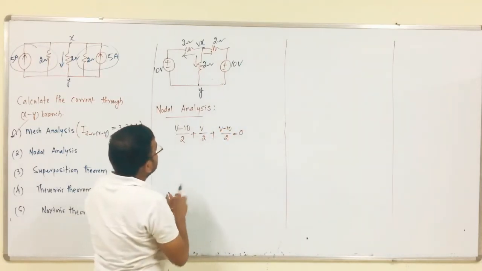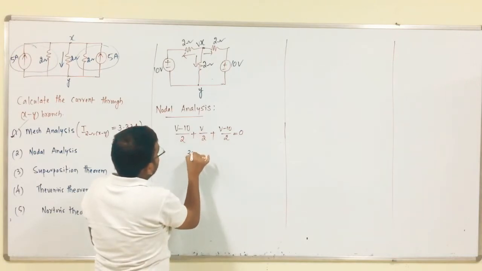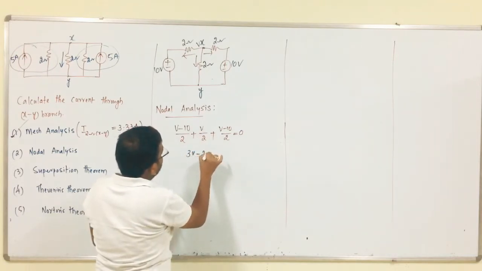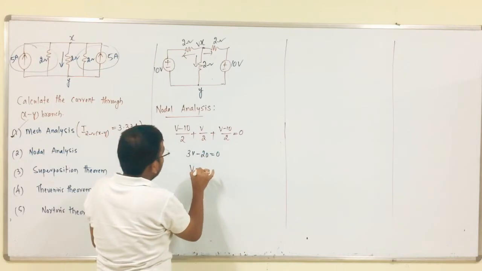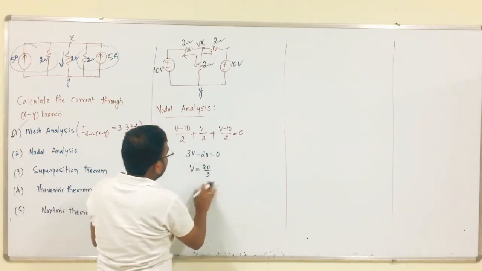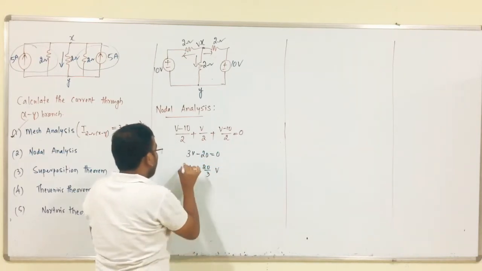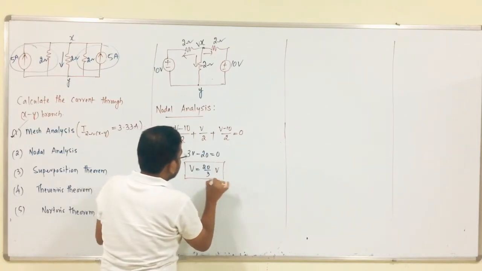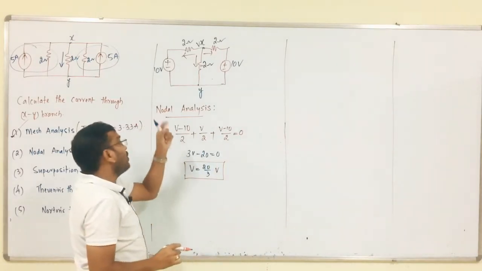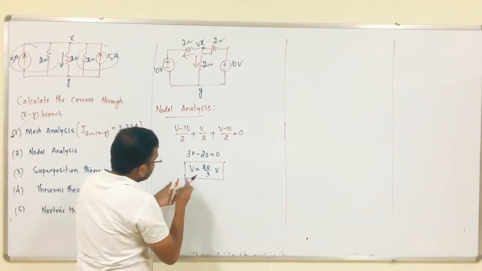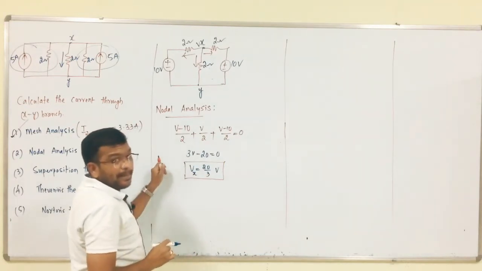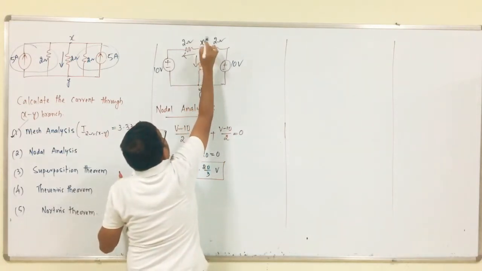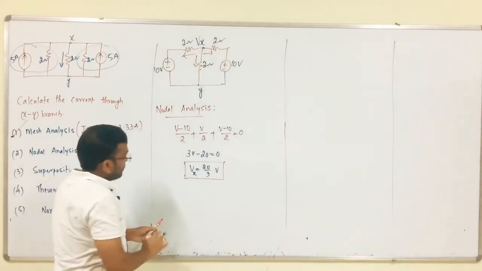So, from this, 3V minus 20 is equal to 0. So, V is equal to 20 by 3 volts. This is the voltage at that node X, or simply we can call it Vx.